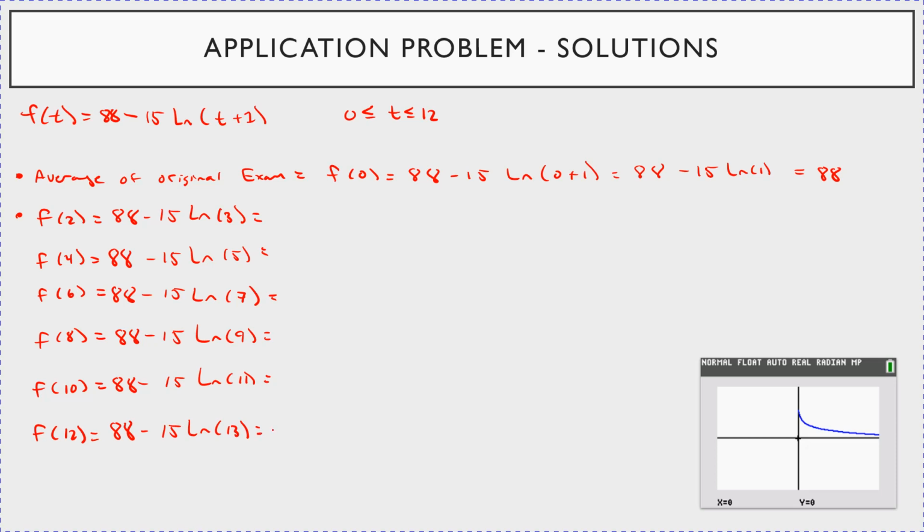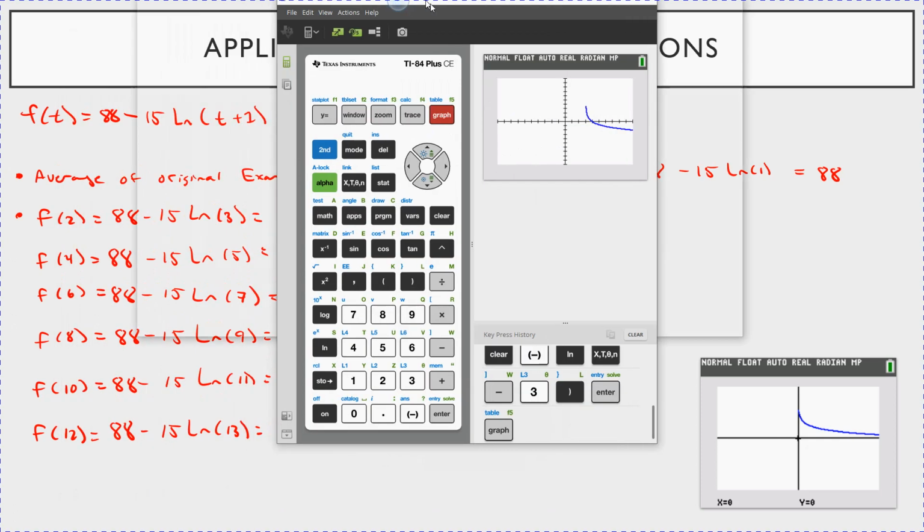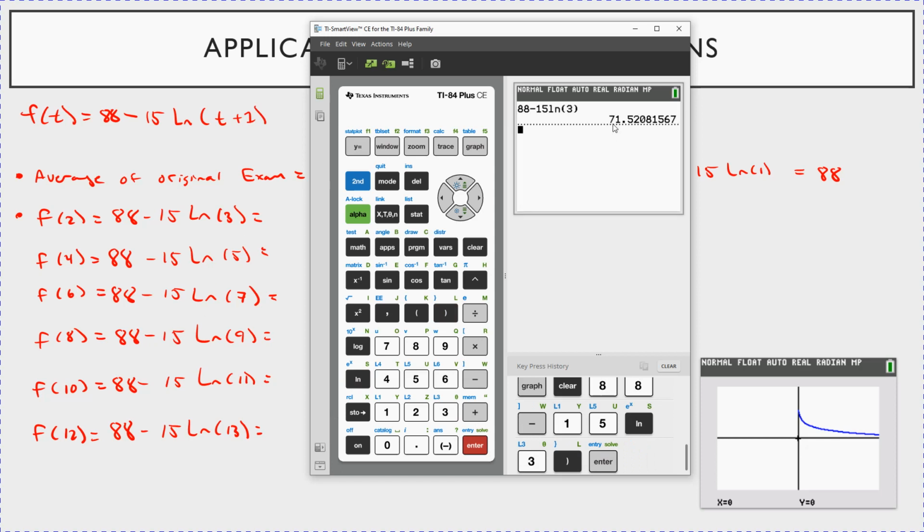All right, so let's start the process. We're going to use our calculator, obviously, for these. So this is 88 minus 15 times the natural log of 3. Okay, so 2 months later, wow, look at this. The average score fell to 71.5.